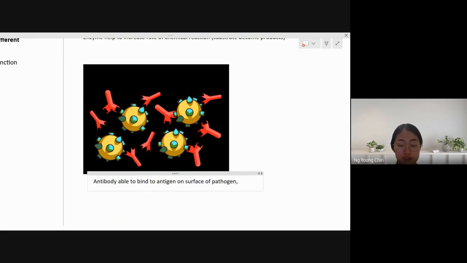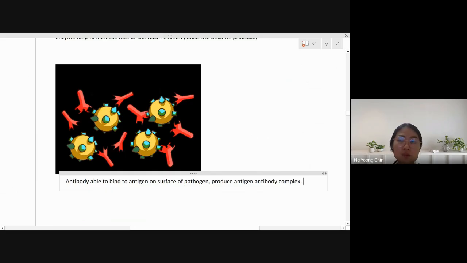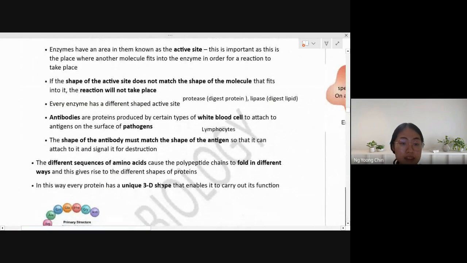So they will produce an antigen-antibody complex. This happens during what we call the immune defense mechanism, when your body is trying to fight the pathogens and clear them away. This is the shape of the antibody. The shape of the antibody must always match the shape of the antigen, so it can attach to it and help to destroy the pathogens.